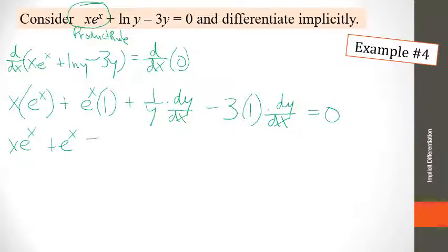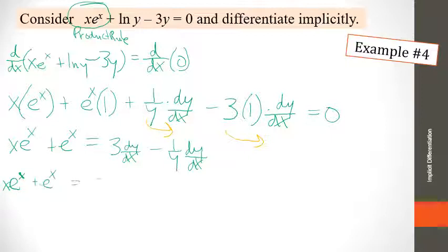I'm going to take the dy/dx terms over to the right side. So I'm going to take this over to the right side and this one over to the right side. So what I'll end up with is positive 3 dy/dx, negative 1 over y dy/dx. So I have x e to the x plus e to the x equals, I'm going to factor out a dy/dx.